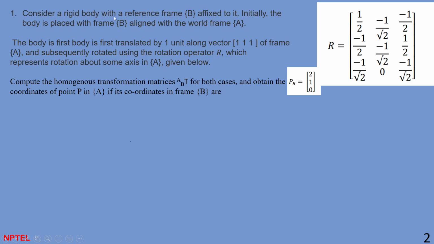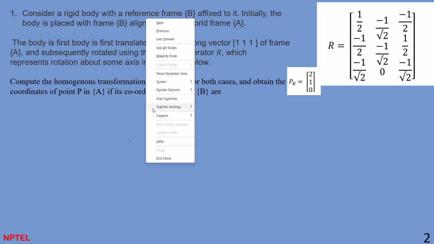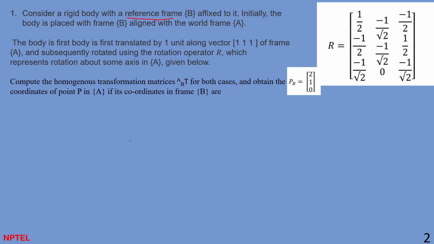Consider a rigid body with a reference frame B affixed to it. Initially, the body is placed with frame B aligned with the world frame. So the world frame is a fixed frame. There is a typo here: it is translated.